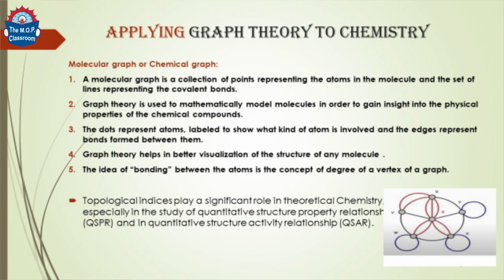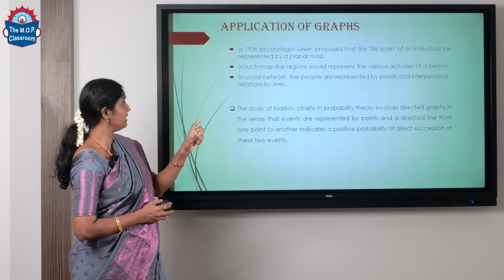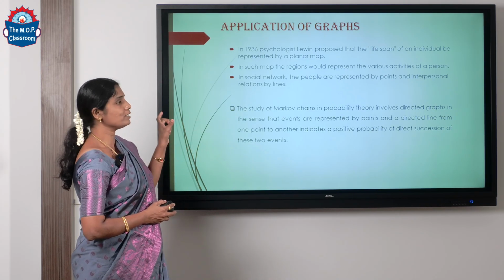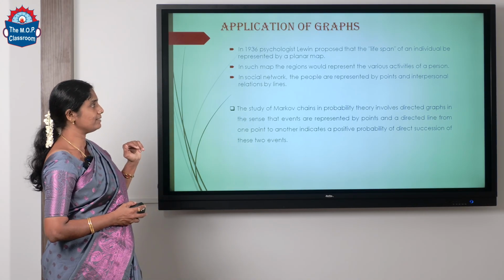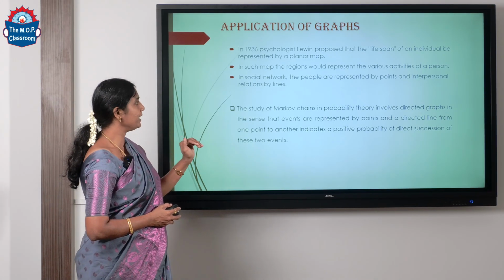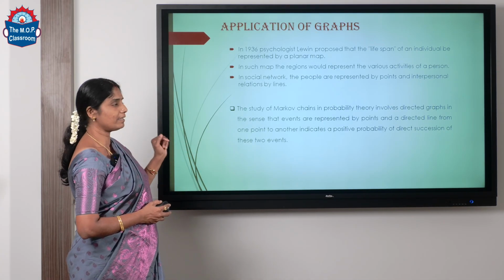The next implication is in the field of psychology. Psychologists use it, for example, in terms of the lifespan of an individual. The lifespan of an individual is going to be my vertex, and it is connected with planarity concepts. Even in the social network, as I said in the previous slides, if two vertices are connected by points and the interpersonal relation by edges, you can draw graphical structures.